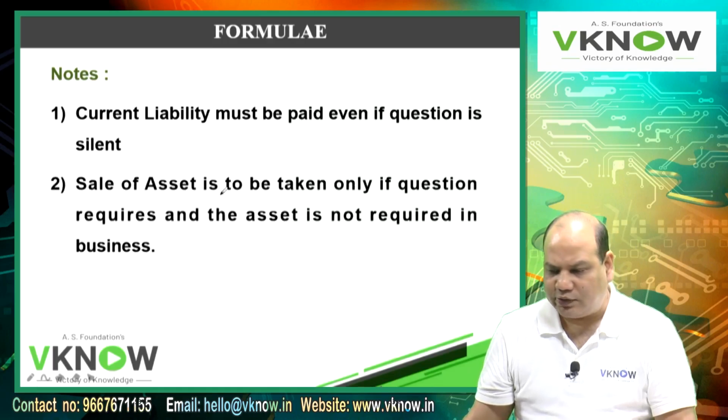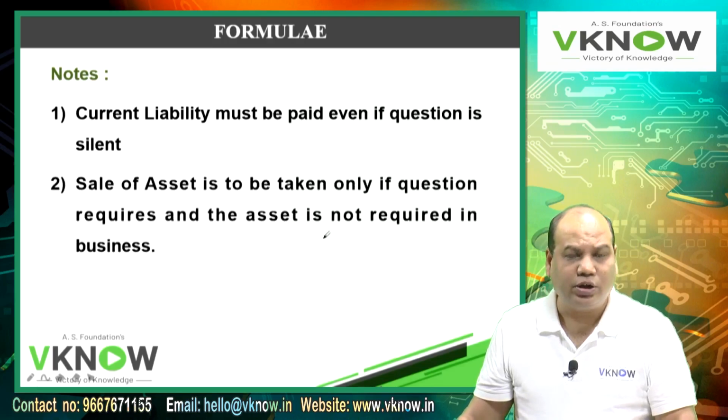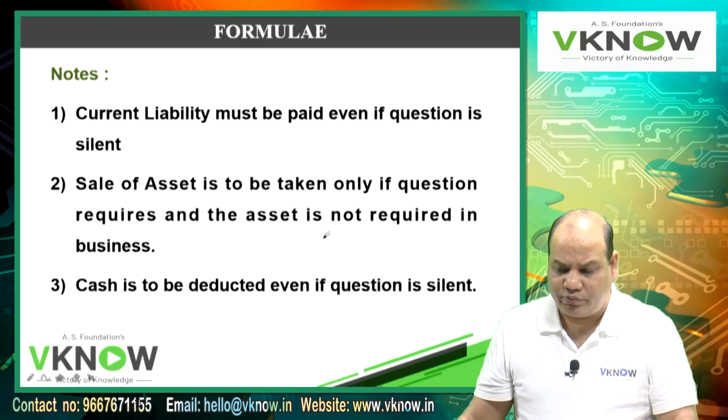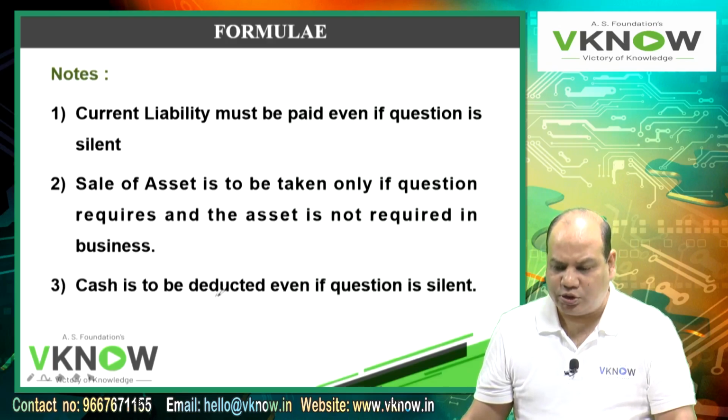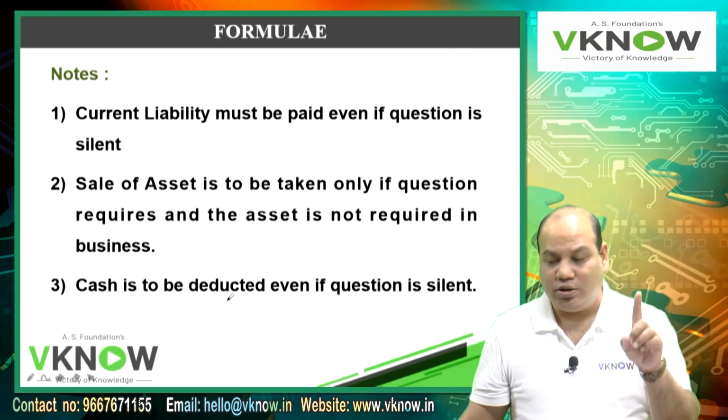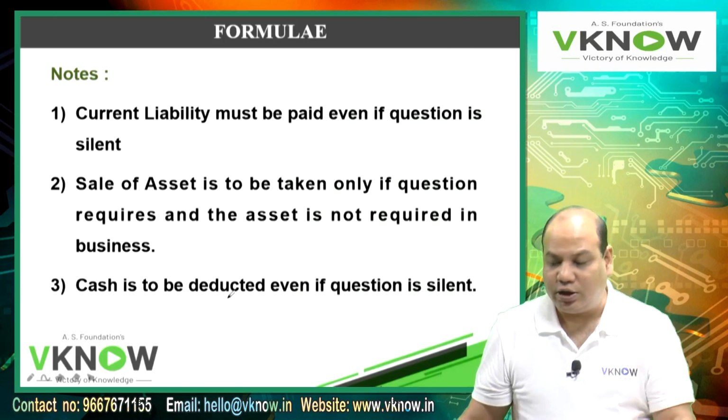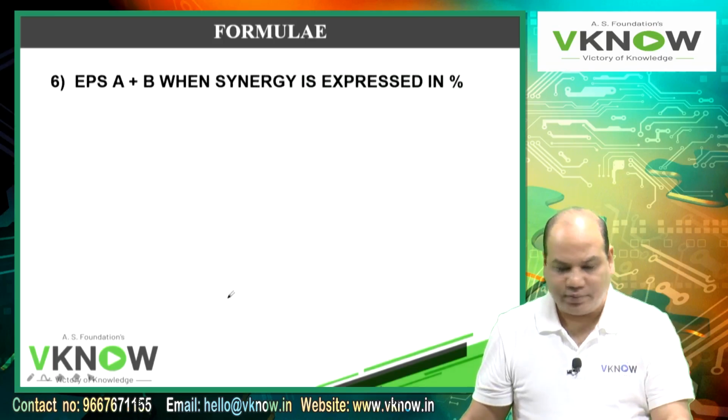Second, sale of asset is to be taken only if the question requires and the asset is not required in the business. Third, cash will be deducted. This is important because all the questions in the exam are silent about cash and bank in the balance sheet, but cash and bank will be deducted even if the question is silent.